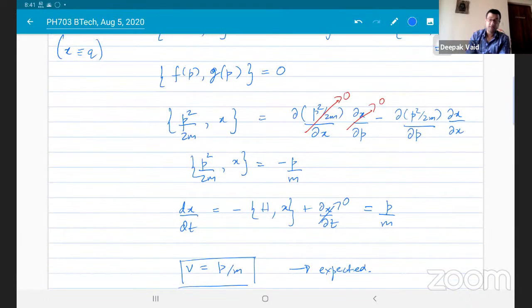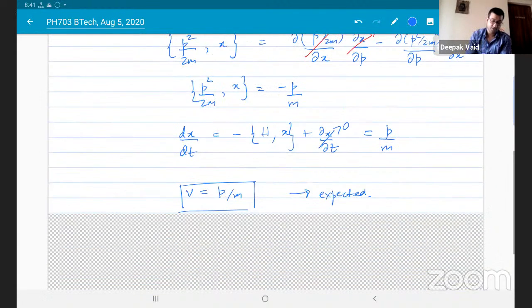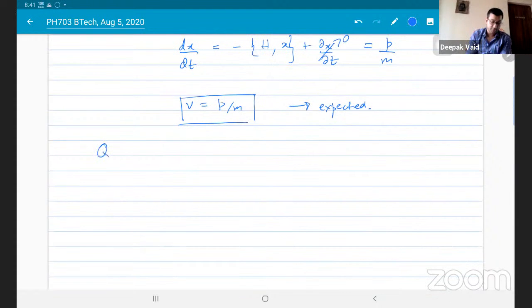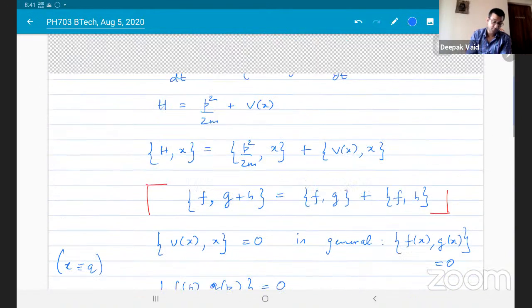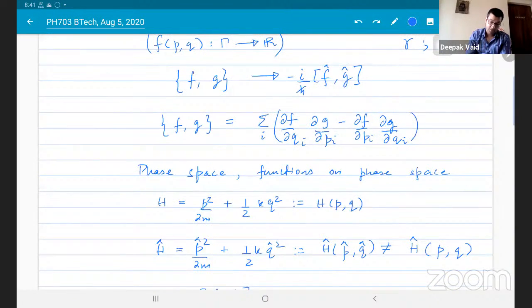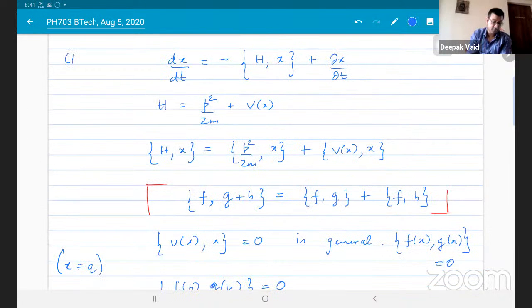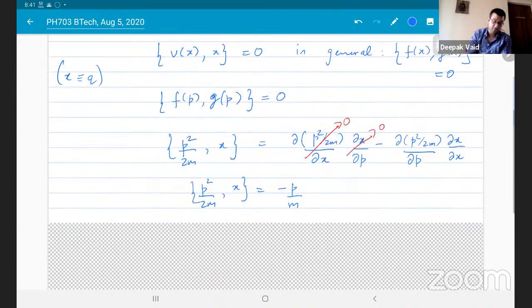But now we can ask the same question for the quantum case. So this is the classical example.